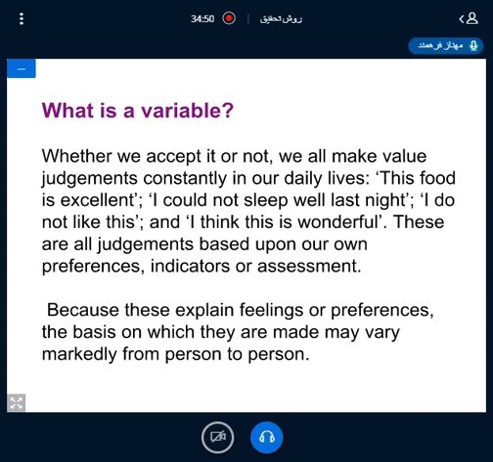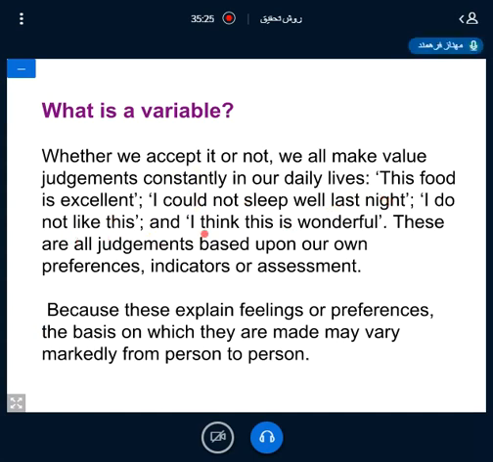Whether we accept it or not, we all make value judgments constantly in our daily lives. Please notice the example: This food is excellent. I could not sleep well last night.